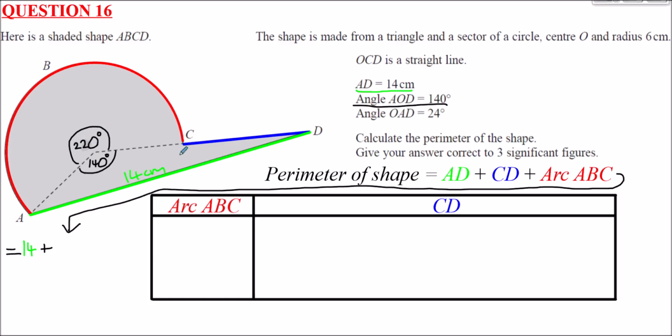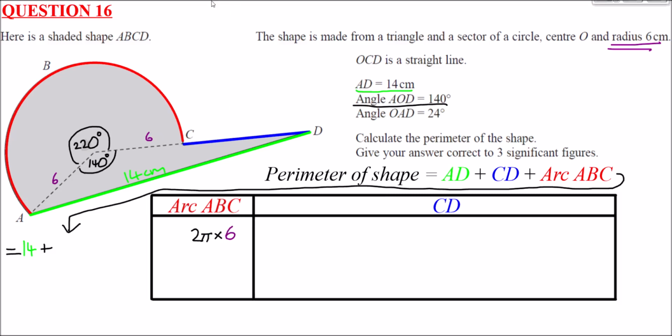So, how do we work out the circumference of a circle? Well, it's going to be 2 times pi times r. So it's 2 pi multiplied by the radius, which we're told is 6. The full circumference of a circle will be 2 pi r, which is this.